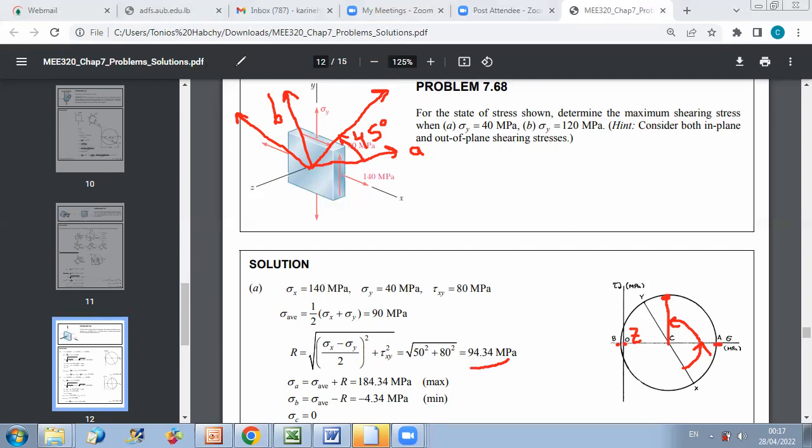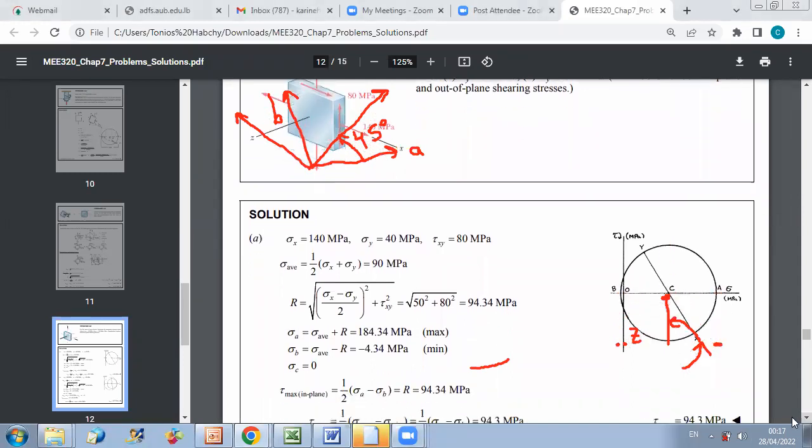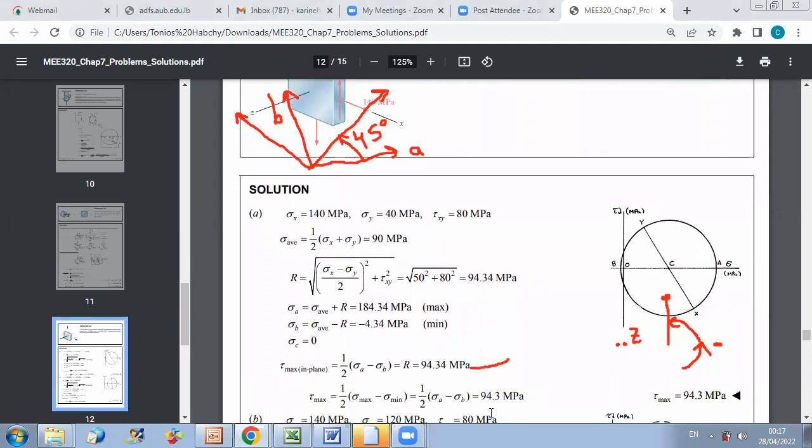So for this scenario, the principal stresses are sigma A equals sigma average plus radius, sigma B equals sigma average minus radius, and we have a maximum in plane shear stress obtained by doing half of sigma A minus sigma B, which is equal to the radius of the circle, 94.34 megapascal.